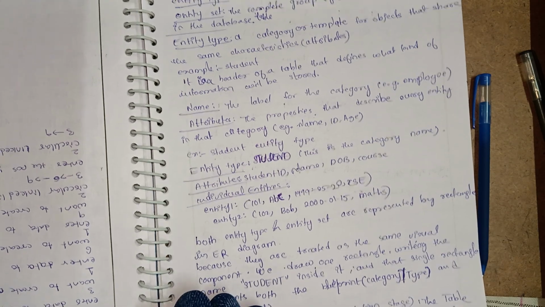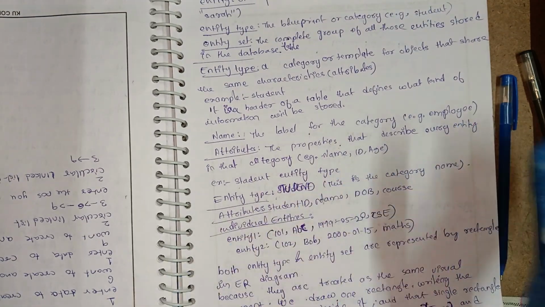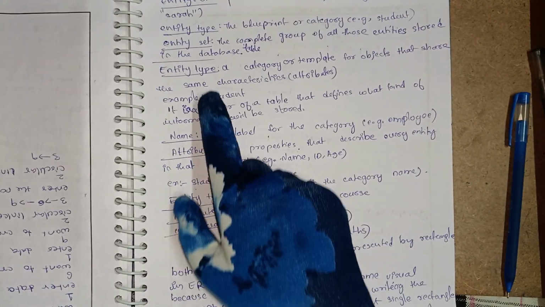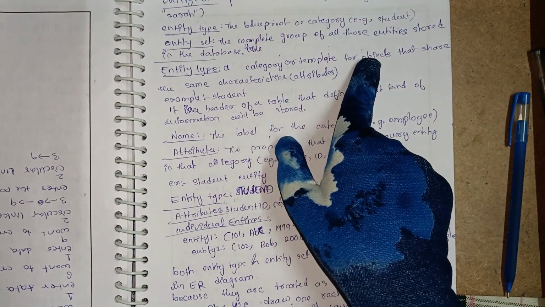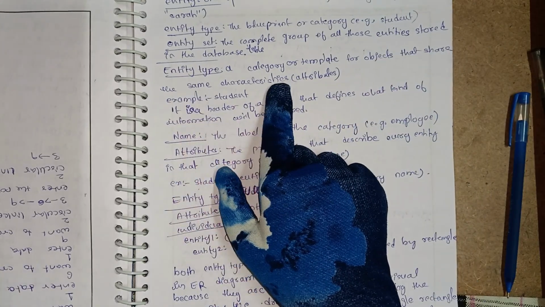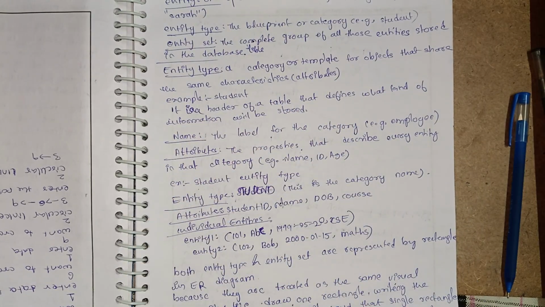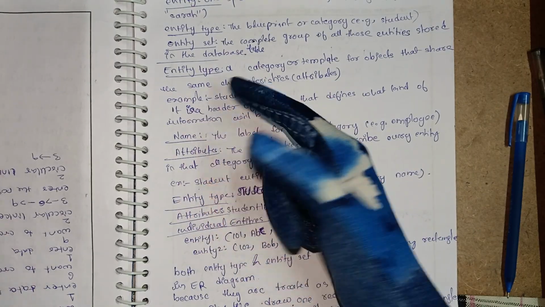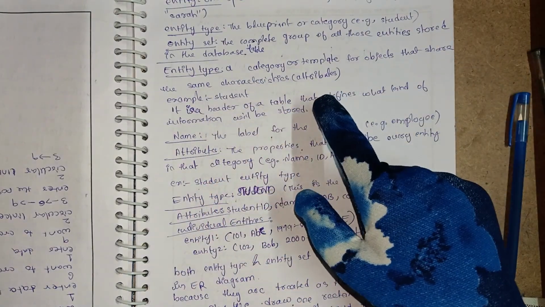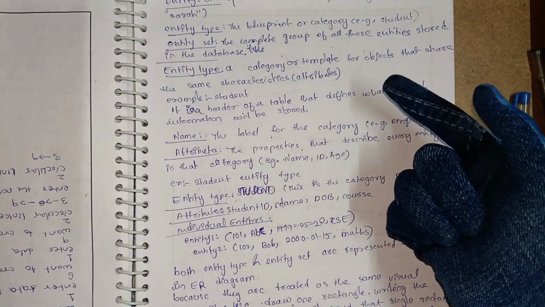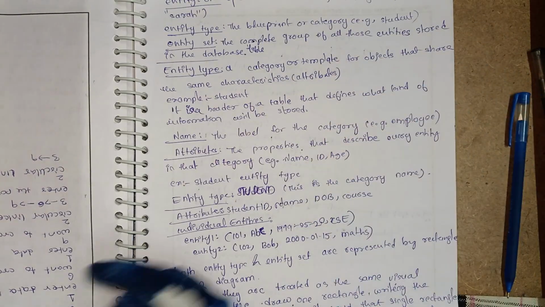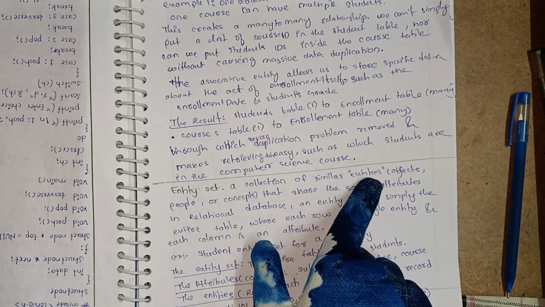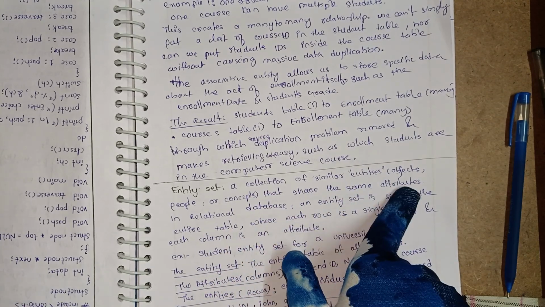So here in the definition of entity type and entity set, there is a difference. Entity type is a category for the object that shares the same characteristics, means attributes. This entity type includes the table name as well as the columns of the table. And the entity set definition is a collection of similar entities that share the same attributes.